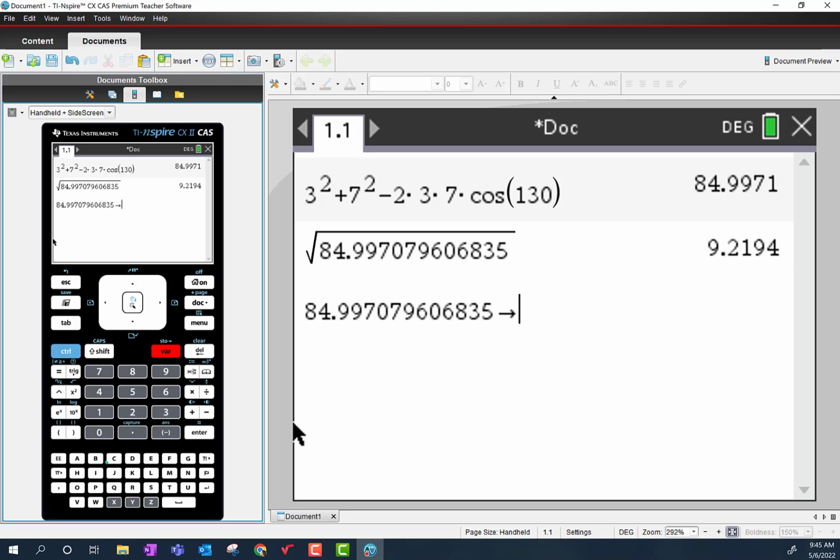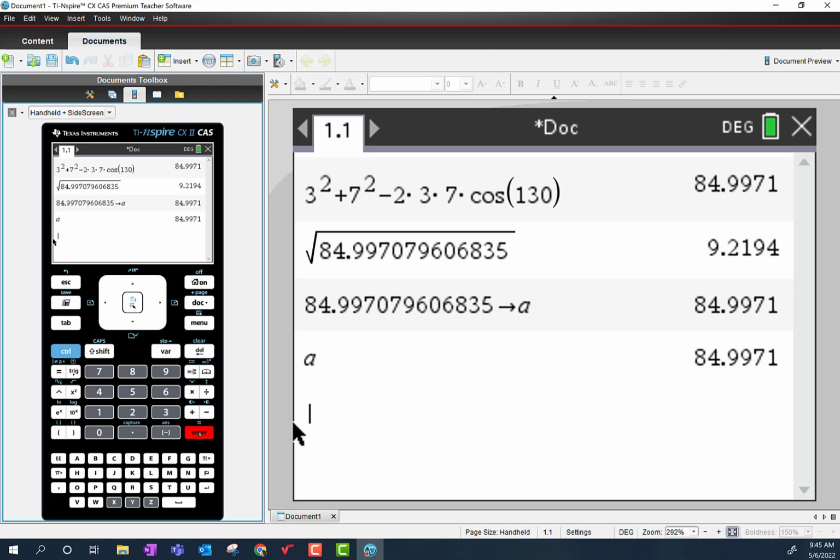So let's just store it as A because that's what it was, right? It was A, or actually it's A squared. And so that means every time you hit A and enter, it's going to have that number in it. It's going to have the whole number too, not just the little part. It's just my calculator is fixed to 4 decimal places, so you can't see it all.